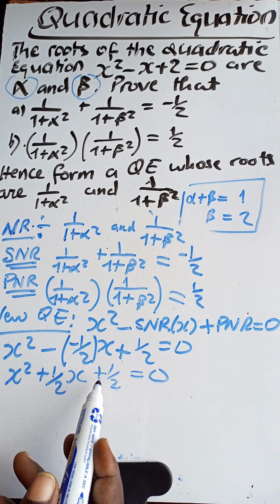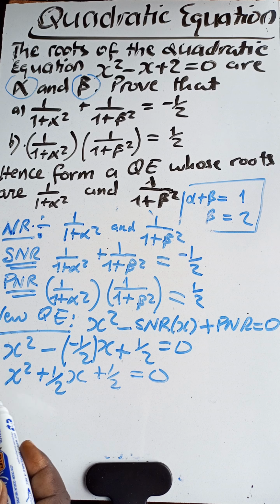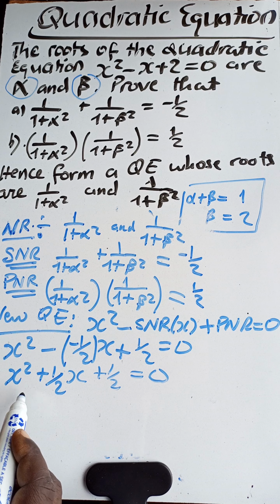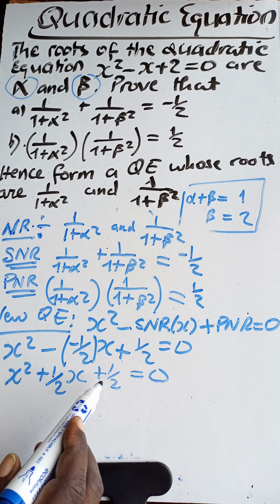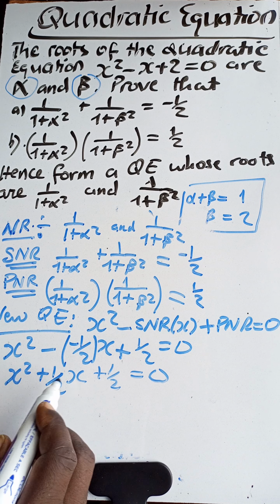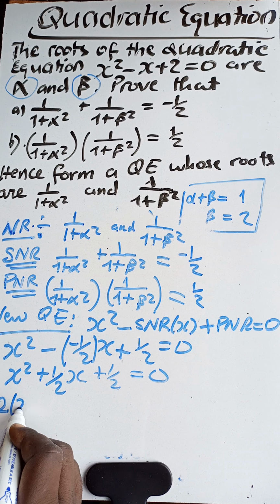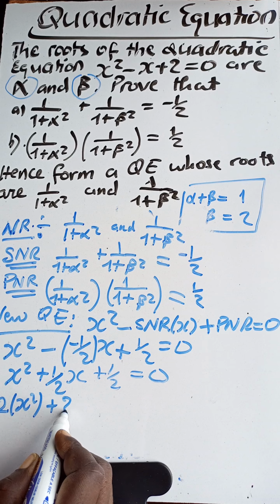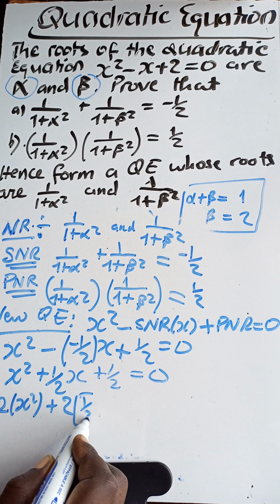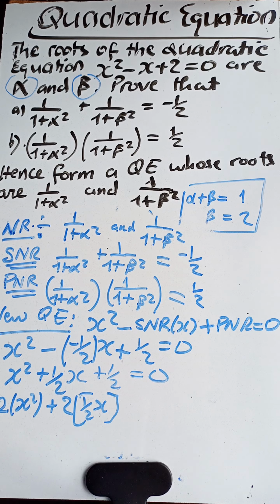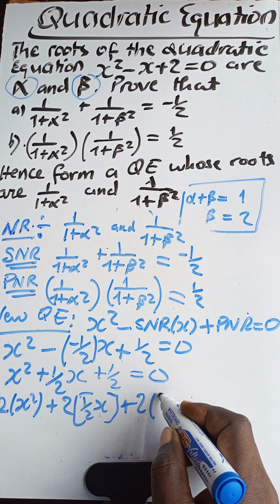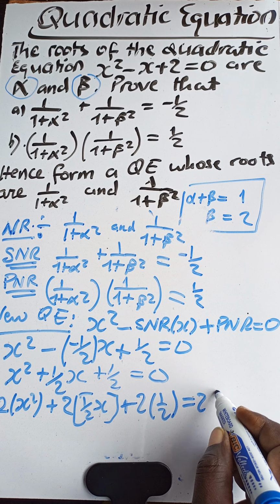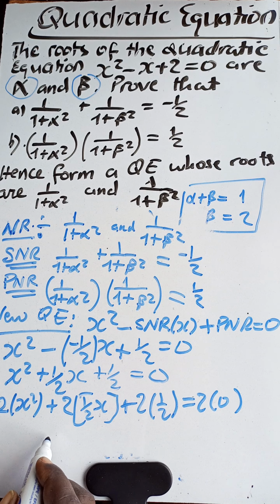Okay? Here we are good to conclude, but to make it look nice, we can remove the denominators by multiplying all through by 2. We have 2x squared plus 2 into a half x plus 2 into a half equals 2 multiplied to 0. That gives us 2x squared.